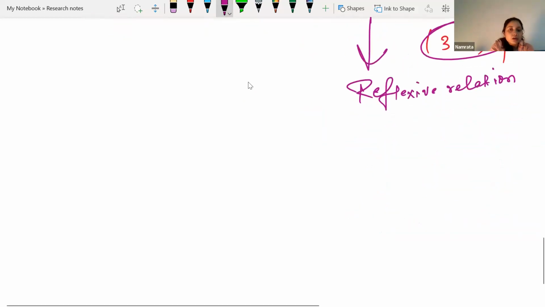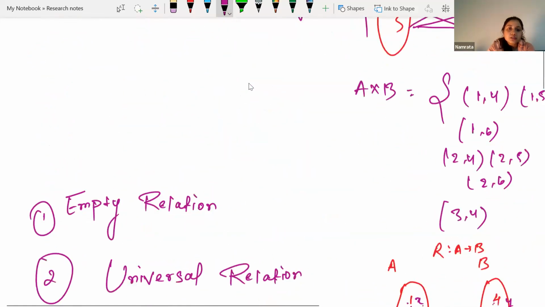Okay, let's move ahead and talk about the next type, that is symmetric.